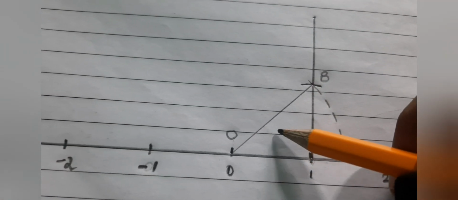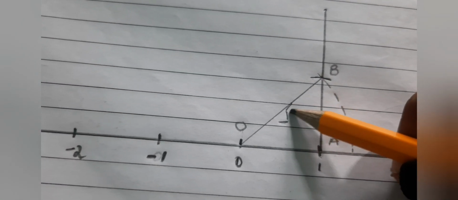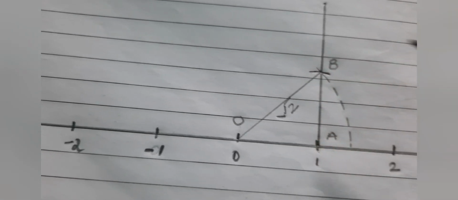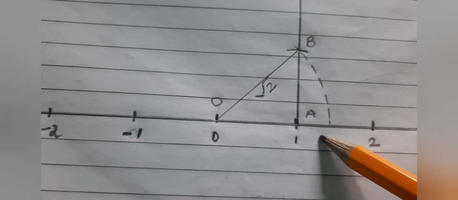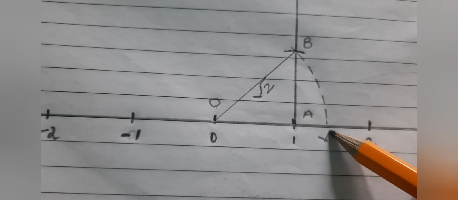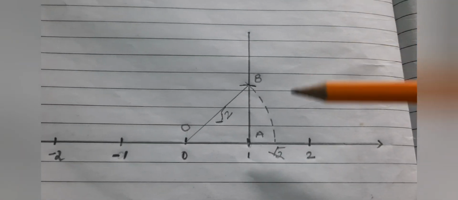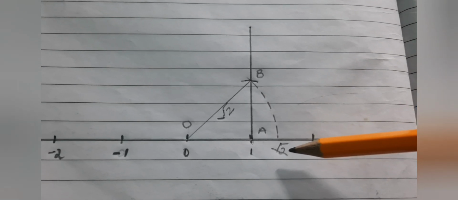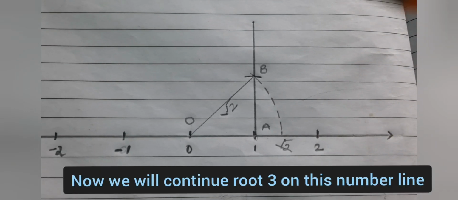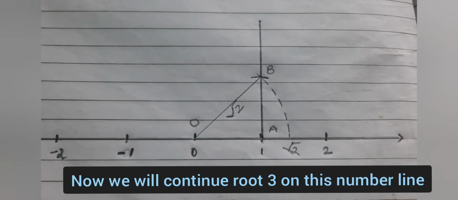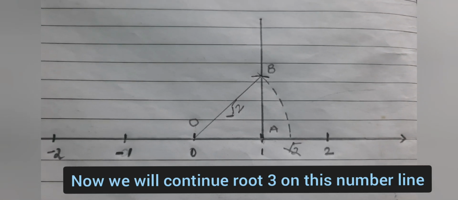So this line was your root 2, and whatever you got is root 2, okay. So what is this point? This point is root 2, whatever you got, okay. So we are done with the representation of root 2.